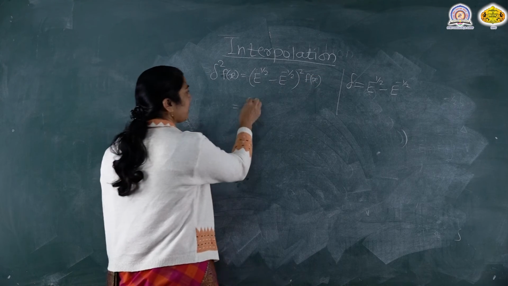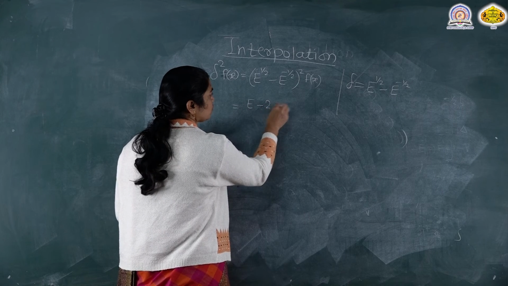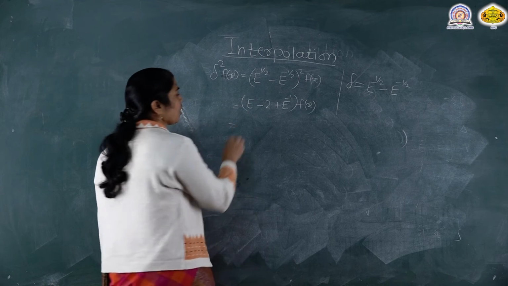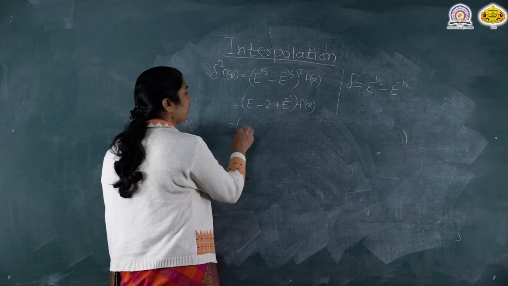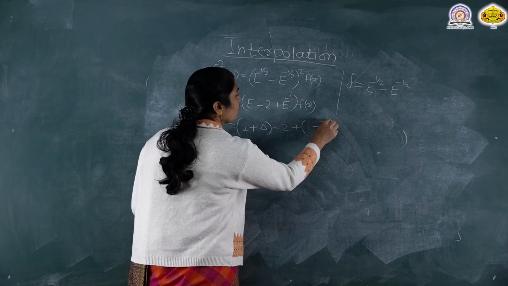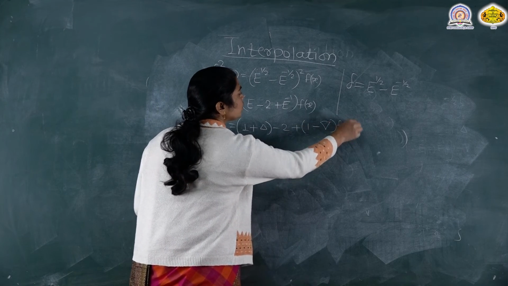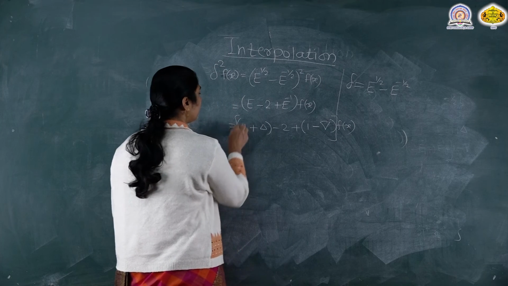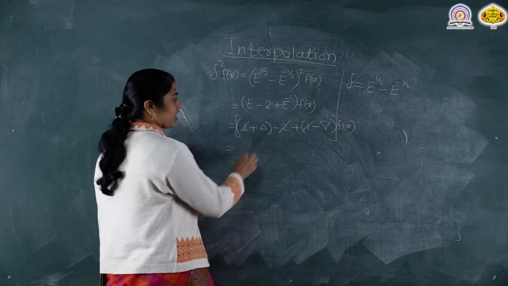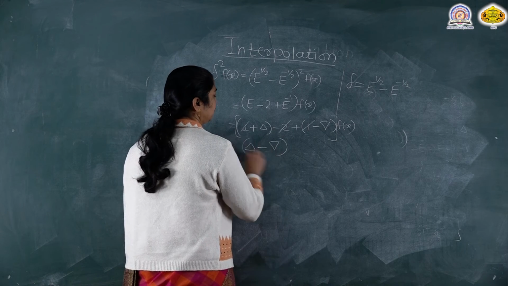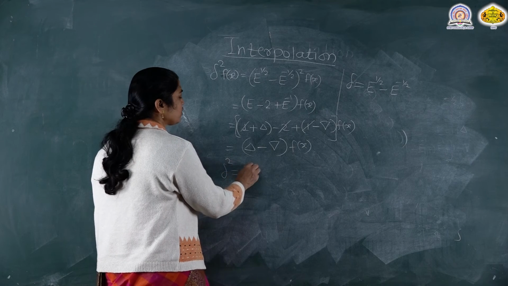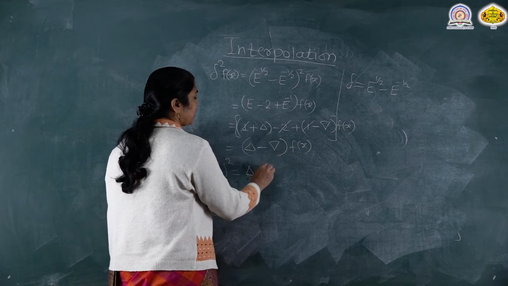Squaring this, we get (E − 2 + E^(−1))f(x). Now what is E? E is nothing but 1 + Δ. And what is E inverse? It is nothing but 1 − ∇. So using those formulas, we get (1 + Δ − 2 + 1 − ∇), where +1 −2 and +1 cancel. We get (Δ − ∇)f(x). So observe that δ² is also equal to Δ − ∇.